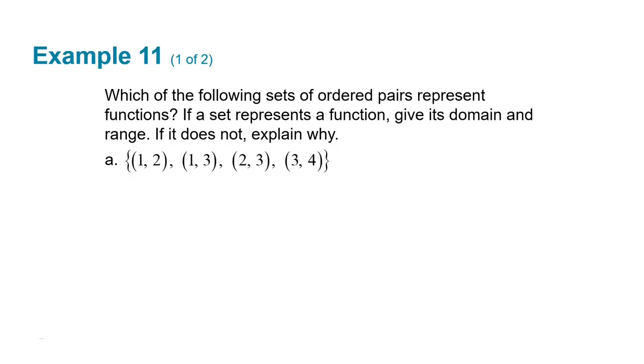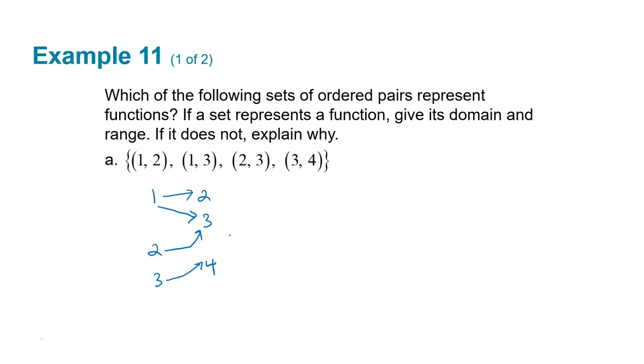In example 11, which of the following sets of ordered pairs represents functions? If a set represents a function, give its domain and range. If it does not, explain why. In this example, I can draw an arrow diagram. 1 gets sent to 2, and 1 gets sent to 3. 2 gets sent to 3, and 3 gets sent to 4.